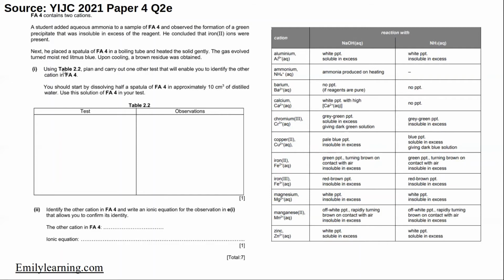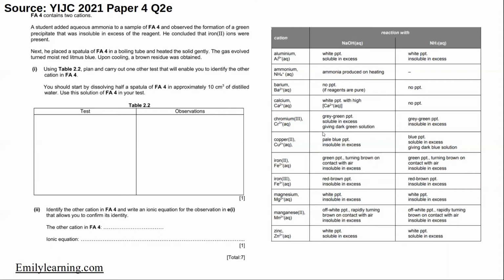Using Table 2.2, which is this table, they ask us to plan and carry out one other test that will enable you to identify the other cation in FA4. From these 2 paragraphs, we know that the student has already identified iron 2. So we just need to identify the other cation, which we know is very likely to be ammonium ions. So how do we test for ammonium?